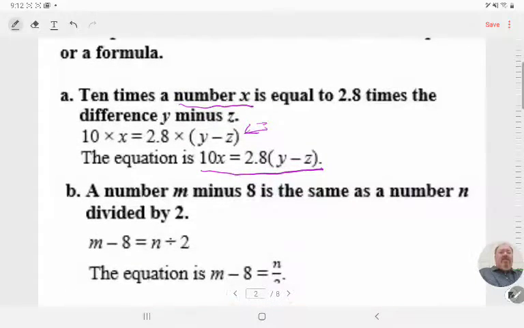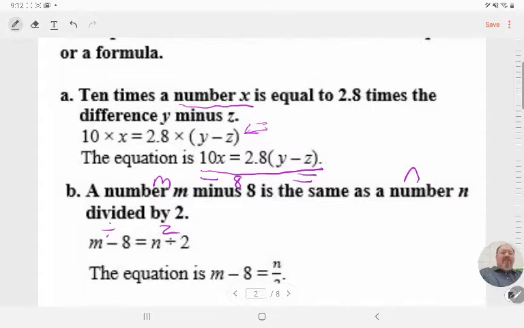All right. Then we have a number m, again, it's giving you your variable, minus 8 is the same as a number divided by 2. So a number m, so I could say m minus 8 is same as, is my equal sign, a number n divided by 2.